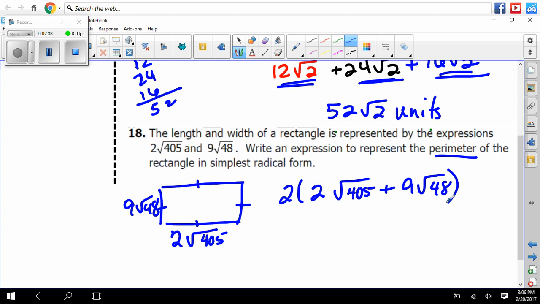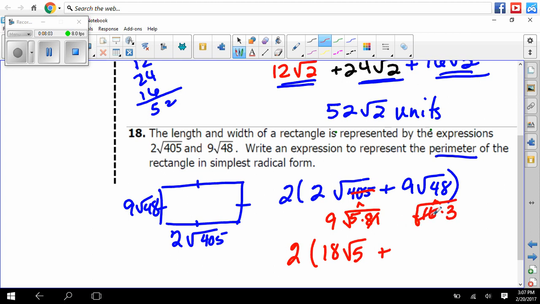So once I get to here, I can do a couple things. I can either distribute and then add them, or I could go ahead and break it down and then put it at the very end. So 405, I know it is about 5, but let's see. It goes in there 5 times and 81. So the square root of 81 is 9. So now I have 2, and it's 18 radical 5 plus 48 breaks down to 16 times 3, and the square root of 16 is 4.